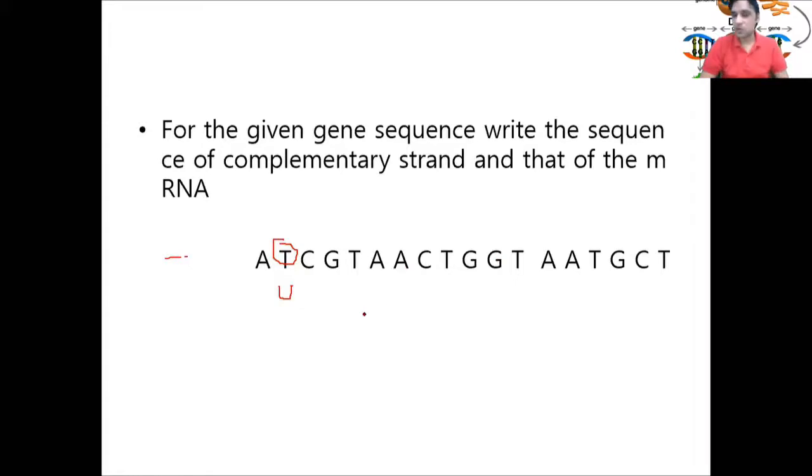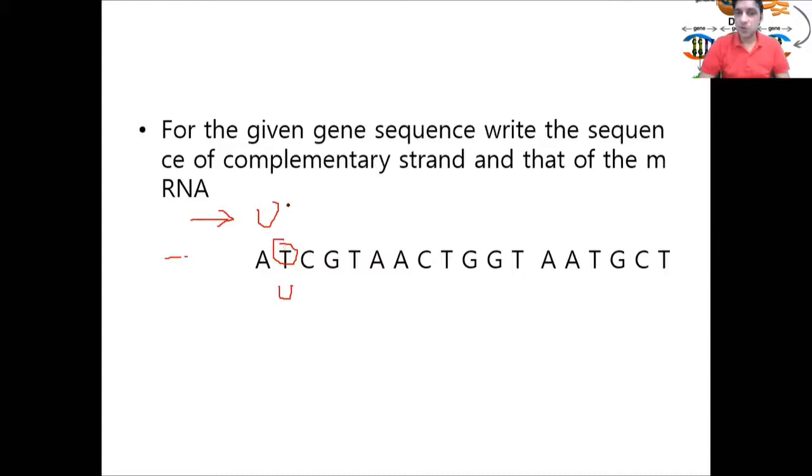The sequence of RNA is complementary, but the sequence of RNA does not contain the T. So for example, if there is an A, let me write the sequence of RNA here. If there is an A here, it should be complemented by T. But since the T is not present on RNA, I am writing U here.